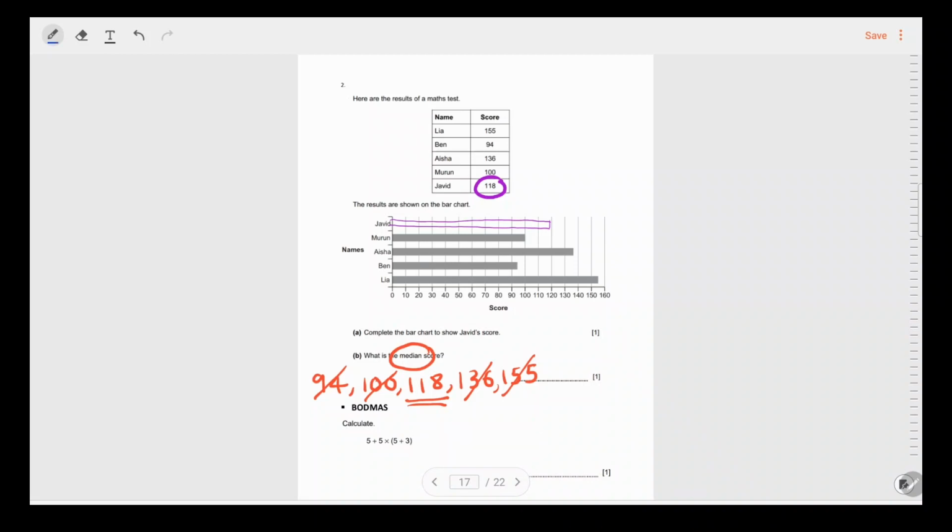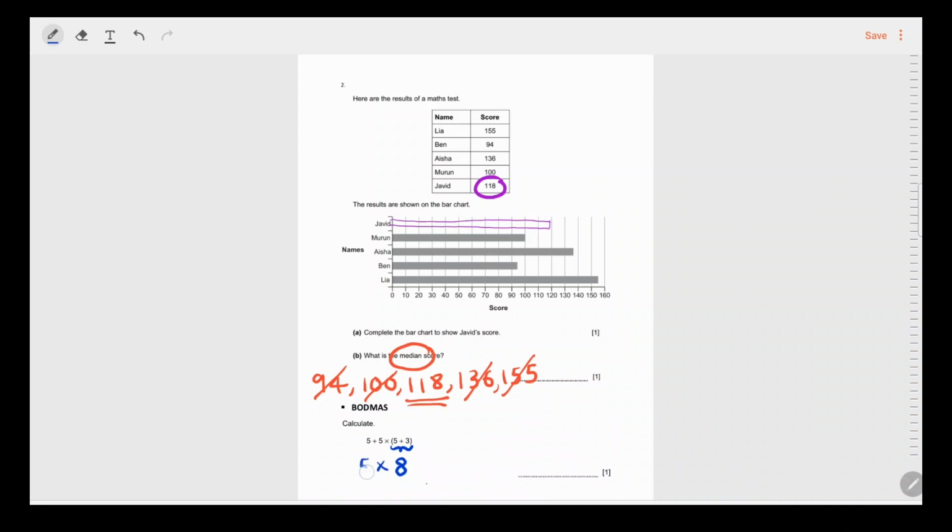The next topic is BODMAS. This is a very simple question under BODMAS. You can be asked questions that are way more challenging than this, but the idea is that first you need to do what is within the brackets. So that's 5 plus 3, which is 8, and then you write the rest of it as it is.